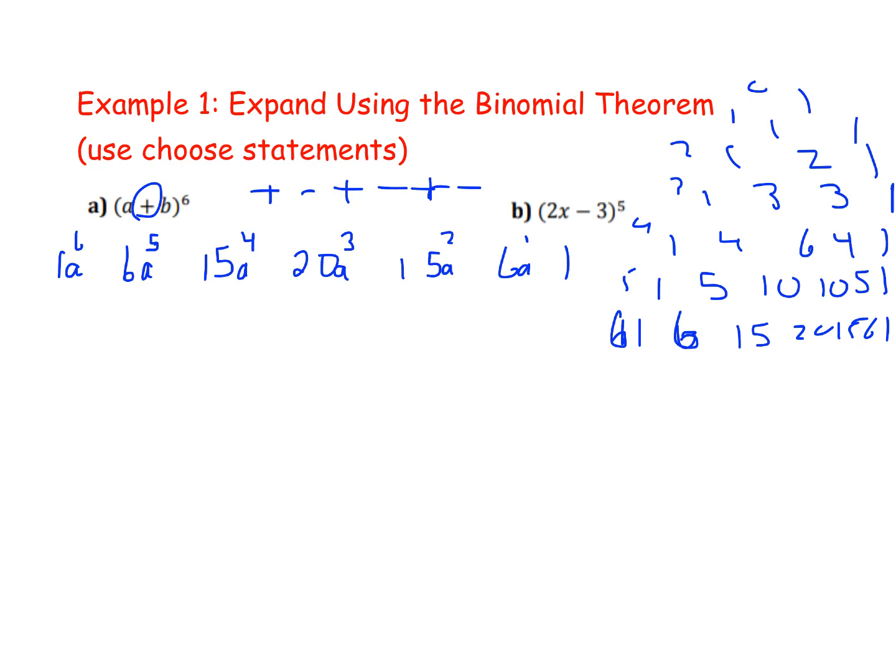Then we're going to start at the other end, and we're going to write in the b exponents starting with b to the 6. And then we're going to progressively reduce that exponent by 1 as we move to the left. And we won't write b to the 0. The last thing we have to do is go through and put a plus between all of these.